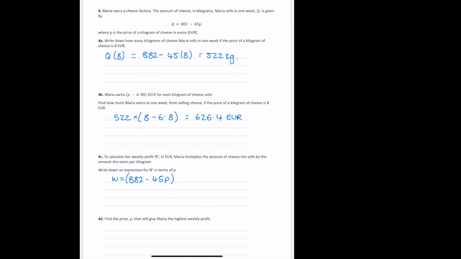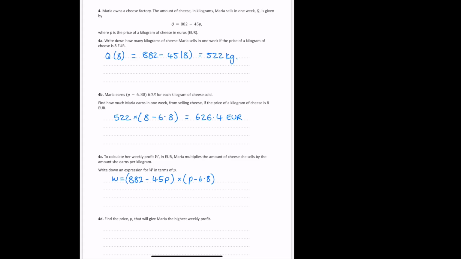And that needs to be multiplied by the profit, which we're told is P minus 6.8. So that is our new function. And again, you could multiply that out, but you don't need to. You can leave it in that form.